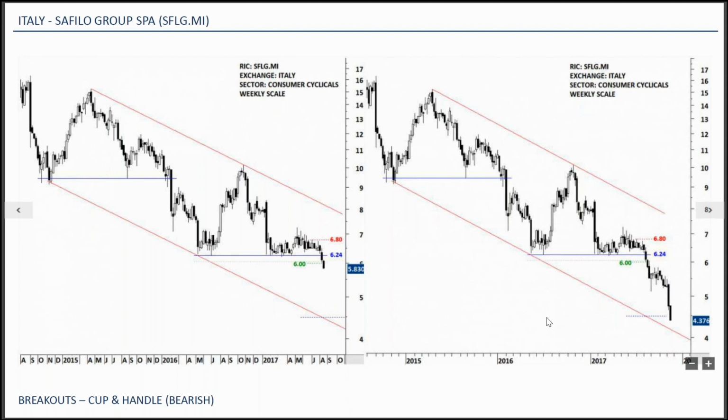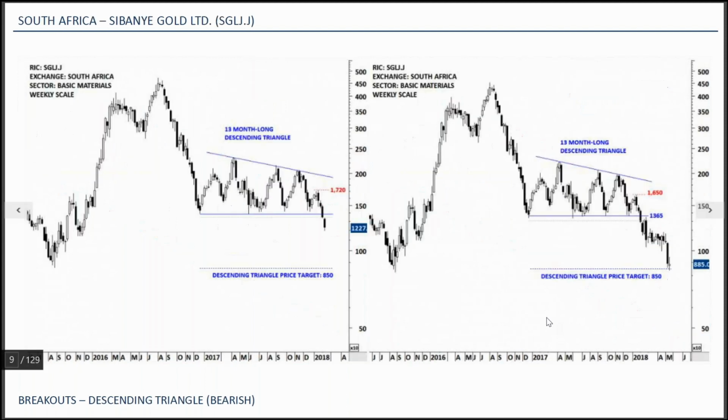It is possible to find single stocks in a strong market, and those stocks usually have some kind of trouble. Fundamental data might be bad about the stock. Another one, South Africa's Sibanye Gold, broke down a 13-month-long descending triangle, and the stock has been in a clear downtrend.